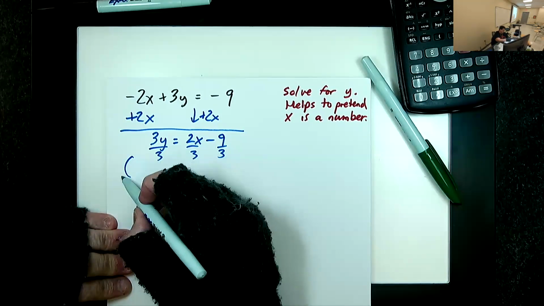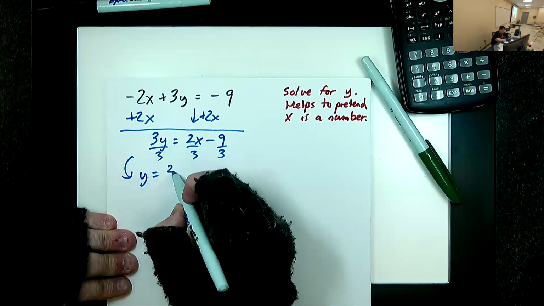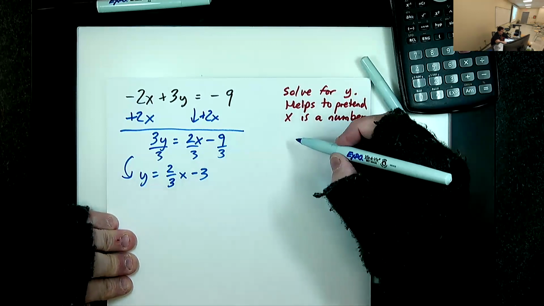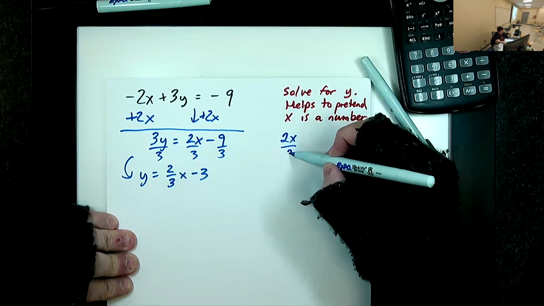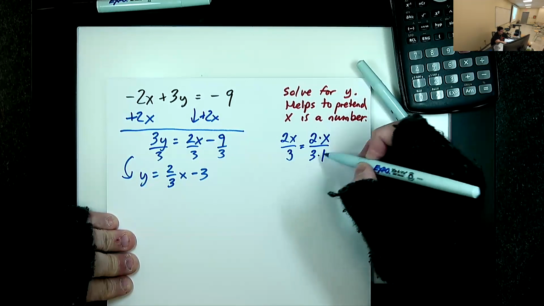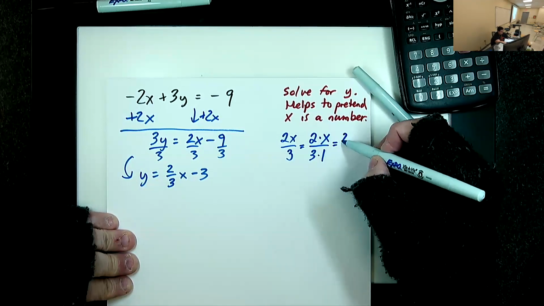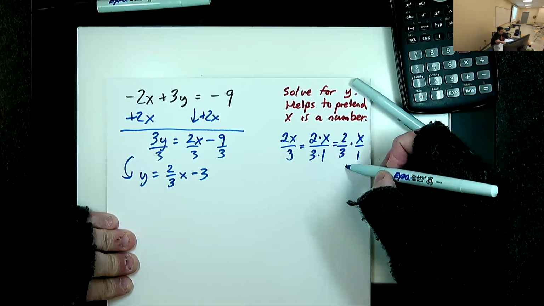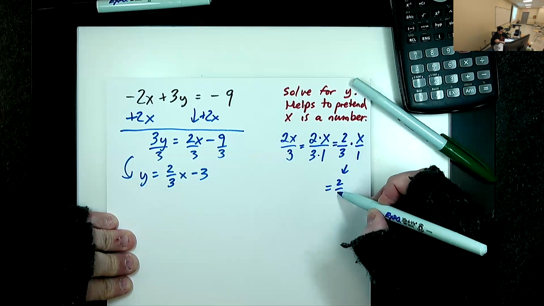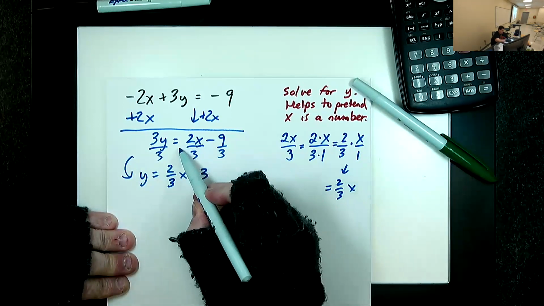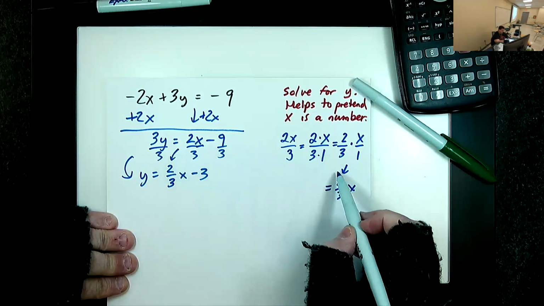And I get y equals 2/3 x minus 3. 2x over 3 is just like writing 2 times x over 3 times 1, and we can split it into 2 over 3 times x over 1. And so we can just put the fraction in front of the x. That's what I did here as I went from there to there.